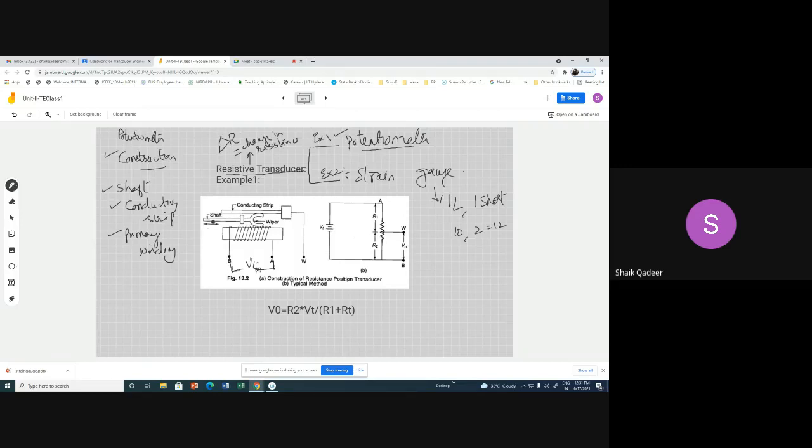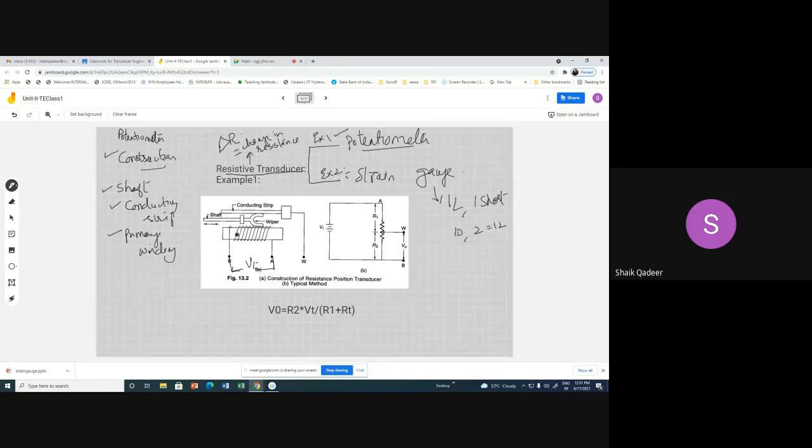If this shaft is moving to the left side, the output voltage which we can tap from the conducting strip will change accordingly.